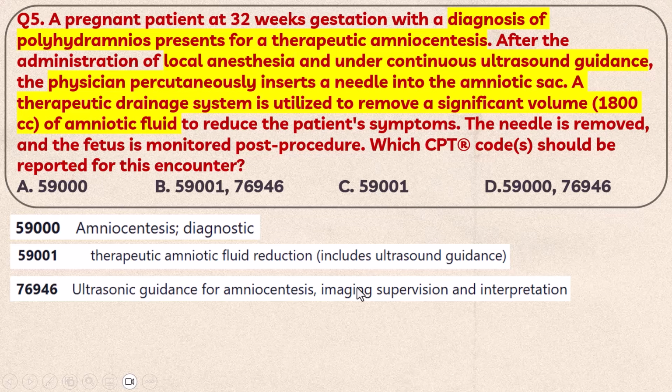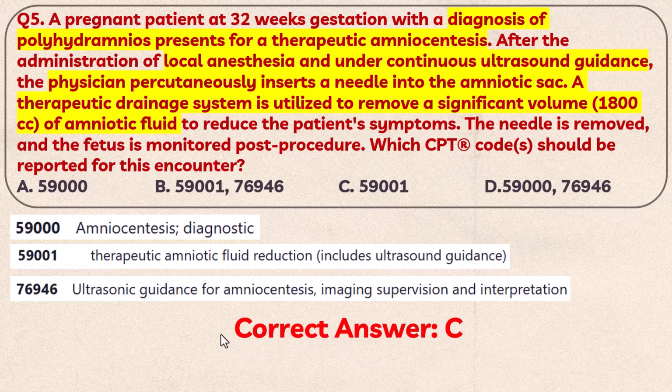So if it is a diagnostic procedure with ultrasound guidance and the physician does the imaging supervision and interpretation, then you have to code 59000 with 76946. But in this case, it is a therapeutic procedure and the ultrasound is included in the code 59001. So the correct answer will be answer C.